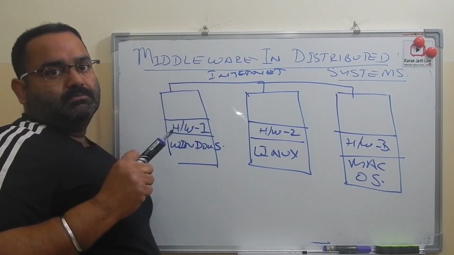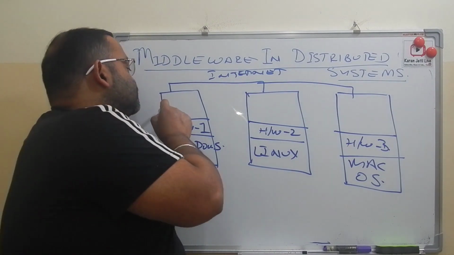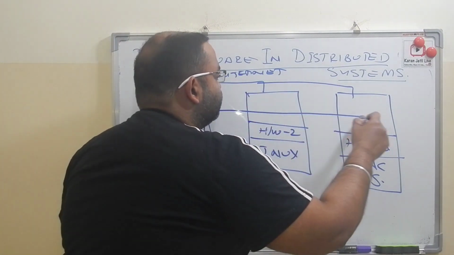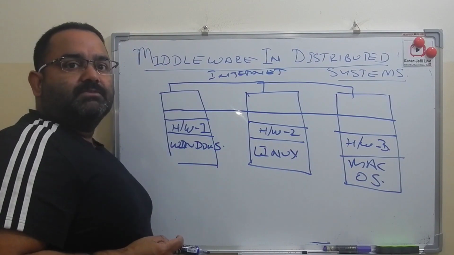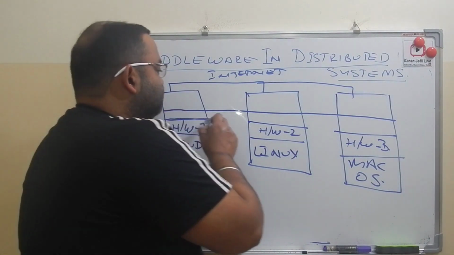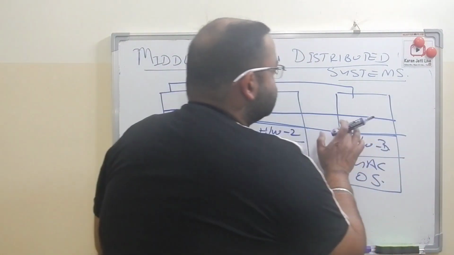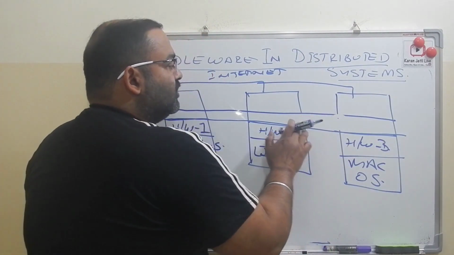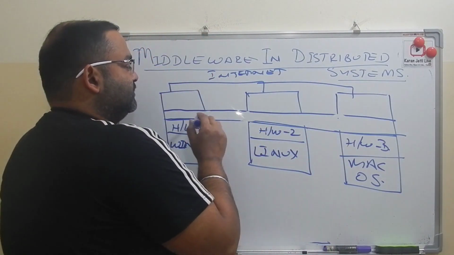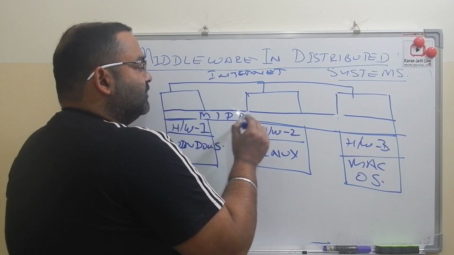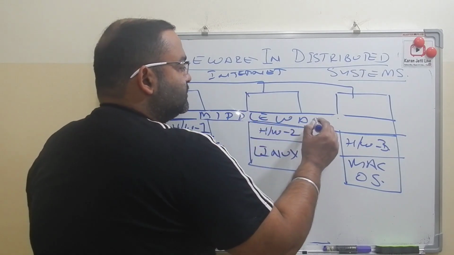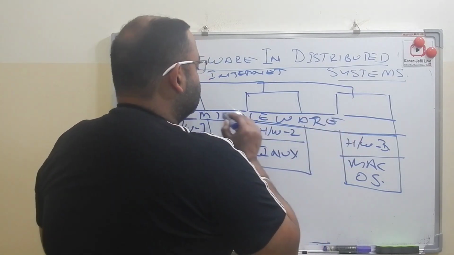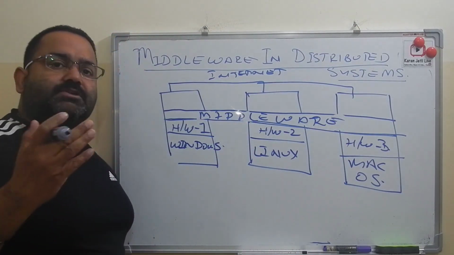How is that possible? It is possible because of something between them, and that something is called middleware. So what is middleware?